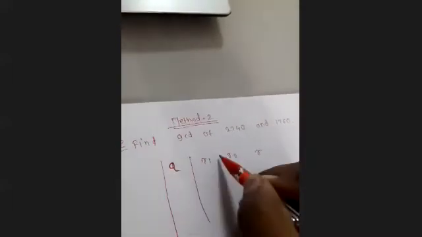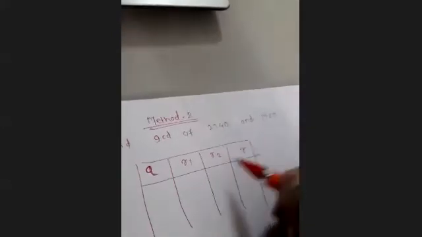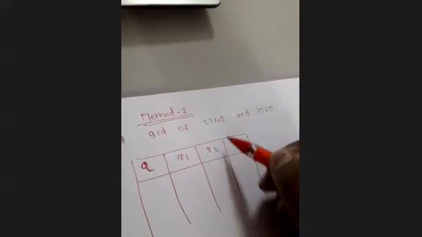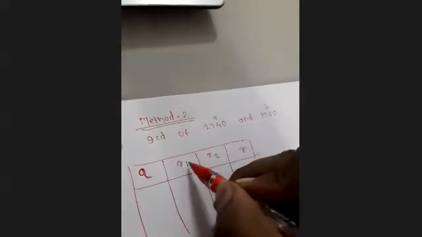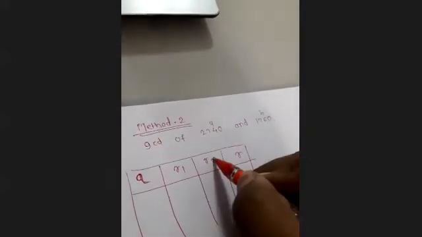I'm going to prepare one table. Now what is the value of R1 and R2 here? Here we have A and B, 2740 and 1760. This A is nothing but R1 and B is nothing but R2.